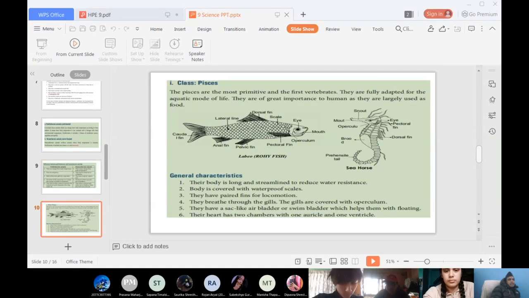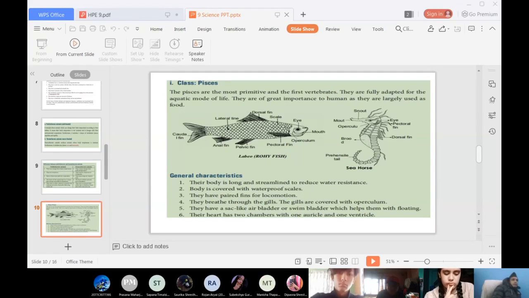Now we are discussing the next one, Amphibia. Amphibia means animals which can live both on land and in water.